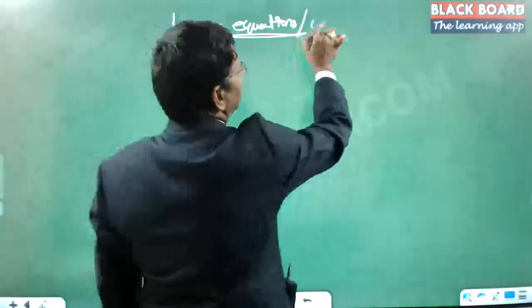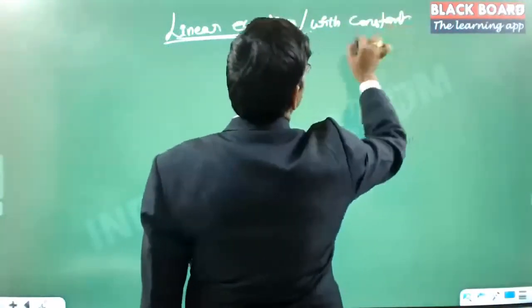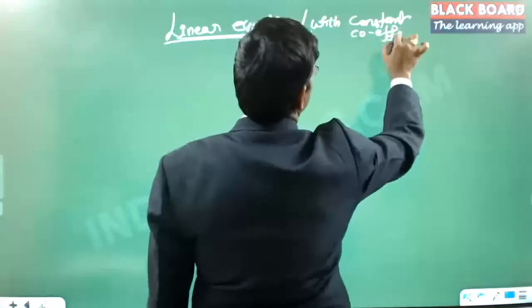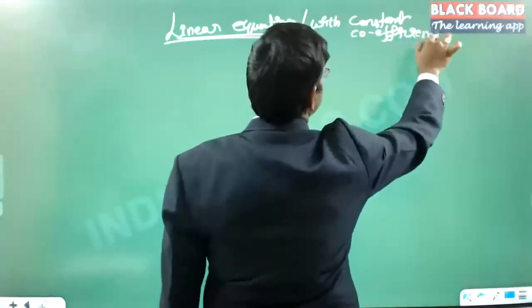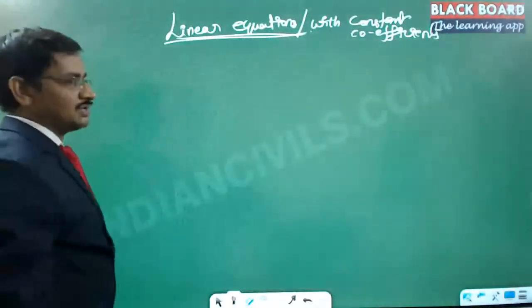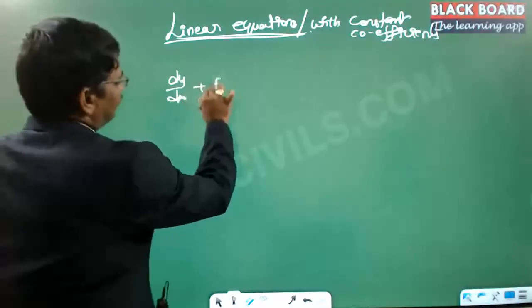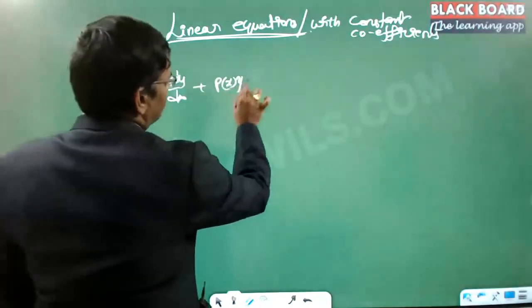First we will deal with constant coefficients. Earlier we already discussed the linear equation. The standard format is, suppose dy by dx plus p of x into y is equal to q of x.